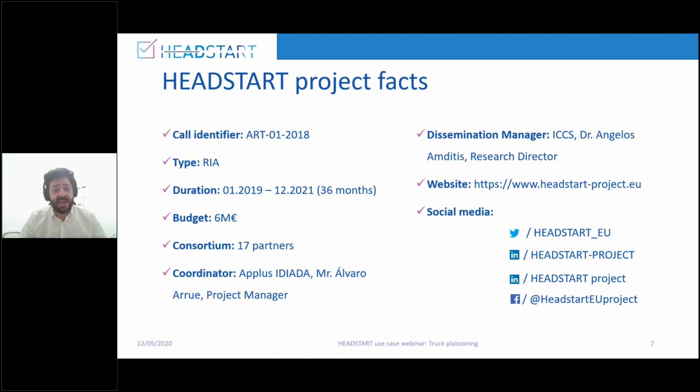It's a research and innovation action, and we started on the 1st of January 2019. So we are currently very close to the middle of the project, with a budget of 6 million euros, funded by the European Commission. We are 17 partners involved in this activity.